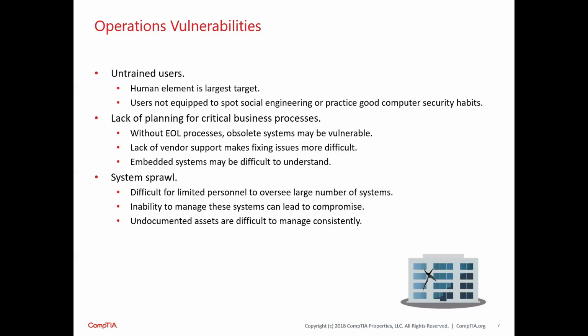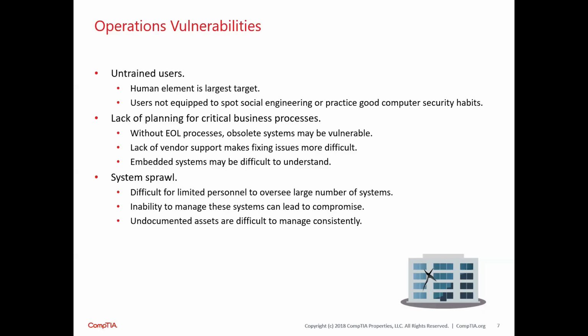Even a lack of planning for critical business processes, such as lack of vendor support for fixing issues, or embedded systems that might be difficult to understand, and even something called system sprawl, which is normally related to the inability to manage the system, which leads to compromise. Normally, it's very difficult to limit the personnel to oversee a large number of systems.